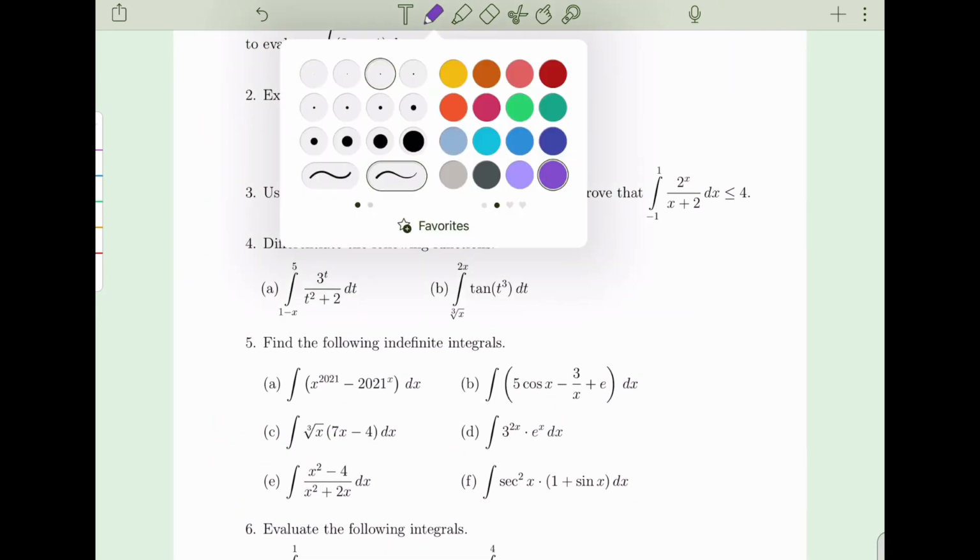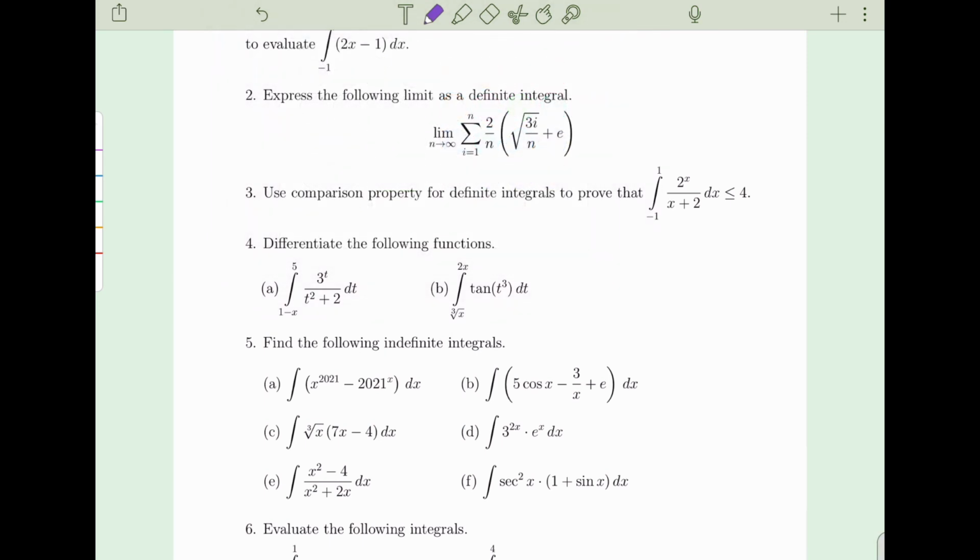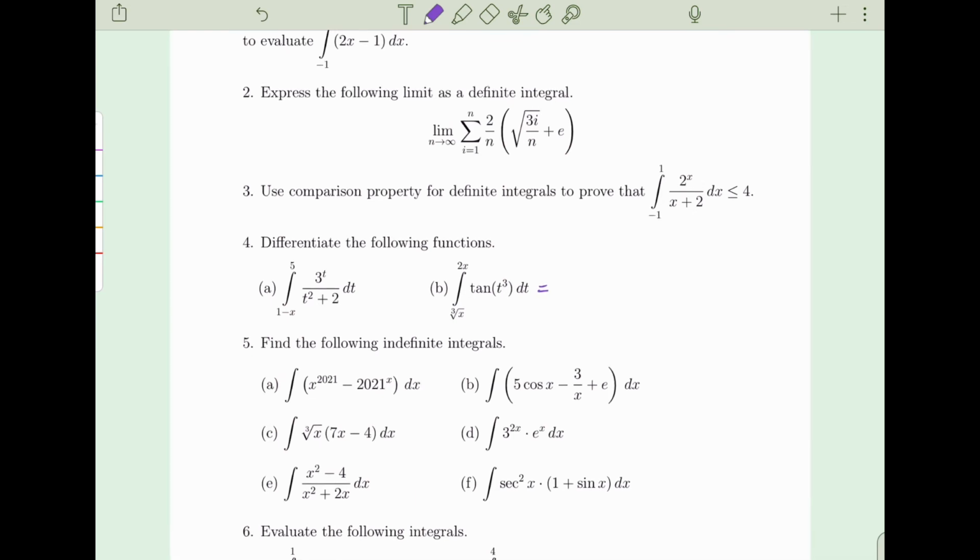For the second one, I will briefly mention the idea. We have not only the upper bound but also the lower bound here. So what we need to do is to split this into two integrals: from a constant to 0 of tangent t cubed dt, plus from 0 to 2x of tangent t cubed dt.